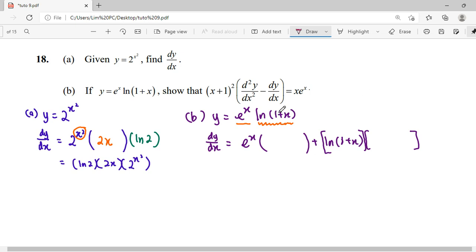When we look at the back function here, it is a ln function. To differentiate ln, the rule is copy the inside over the ln's inside. The inside of the ln is 1 plus x. Differentiate it at the numerator: differentiating 1 gives 0, differentiating x gives coefficient 1, so the answer is 1 over 1 plus x.